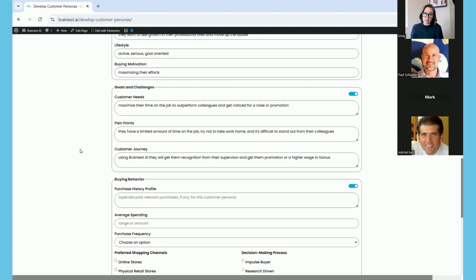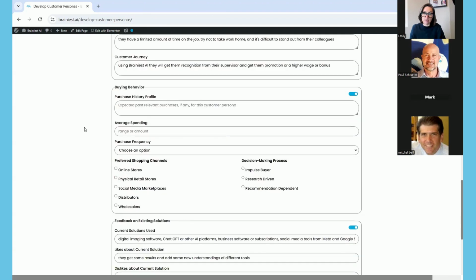And so that's an important piece of who our customer is, that piece of technology or how they work. In that case, I tended to put that under their buying behavior, like a past relevant purchase that they had.